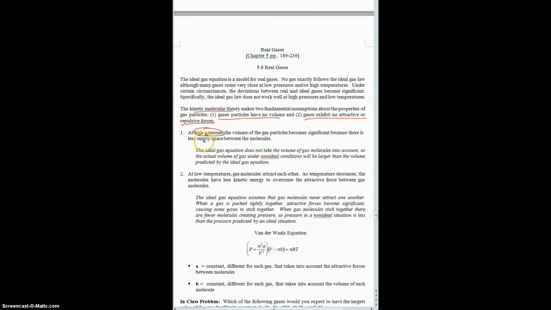So what they mean by high pressure is also low volume. So in other words, as the volume of your container diminishes, when you're thinking about the volume that the particles take up relative to that, suddenly the gas particles have an appreciable volume relative to the container that they're in, okay? And then at low temperatures, the particles are moving a lot more slowly, and so they're a lot more likely to be able to have intermolecular forces.